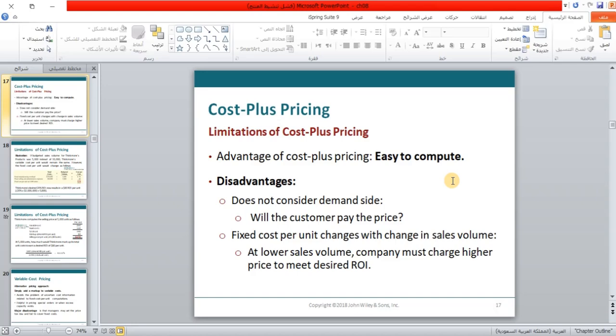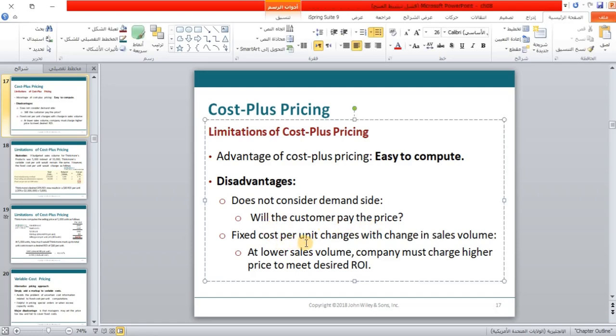We reach the price. The disadvantages of cost plus pricing: it doesn't consider the demand side. Will the customer pay the price? Also, fixed cost per unit changes with change in sales volume. At lower sales volume, the company must charge a higher price to meet the desired return on investments.